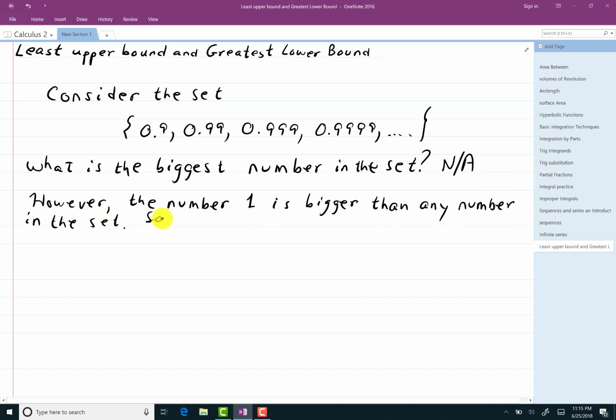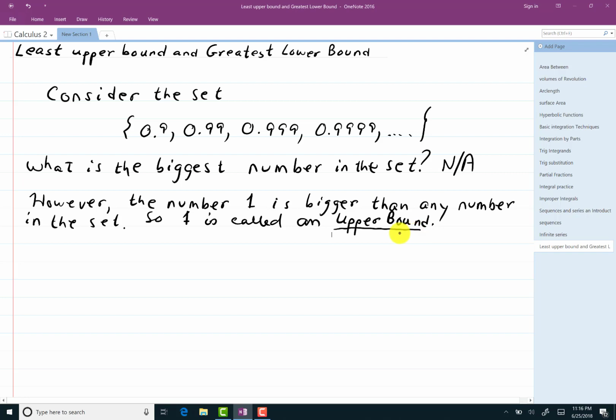So 1 is called an upper bound. An upper bound is simply a number that's bigger than any number in the set that you're given. So the number 1 is an upper bound.